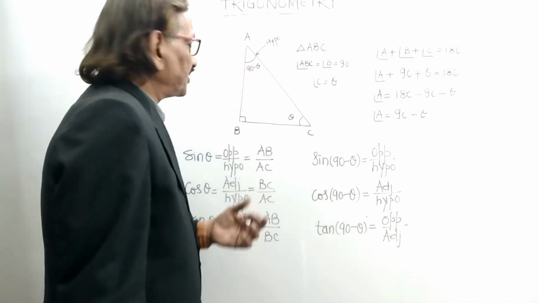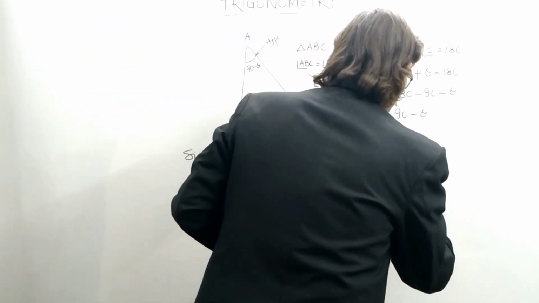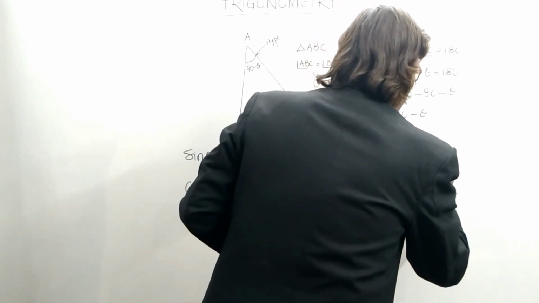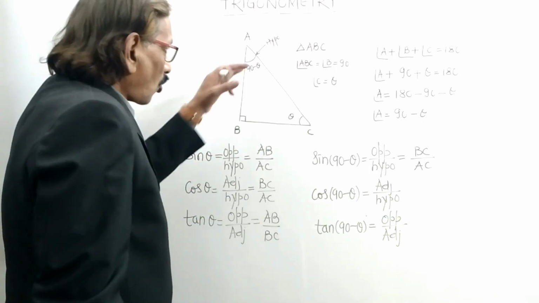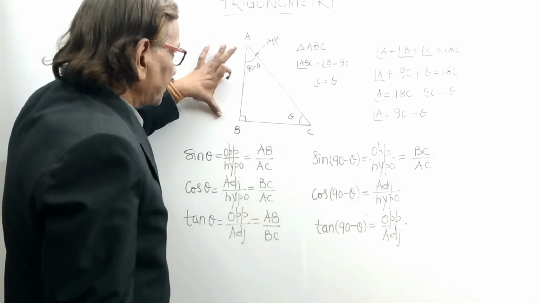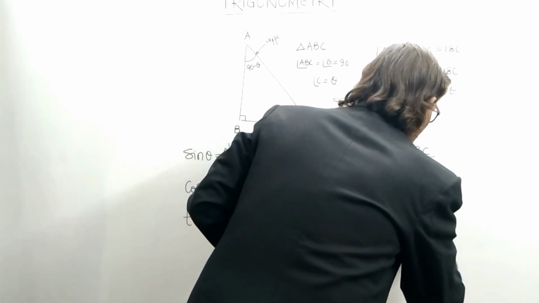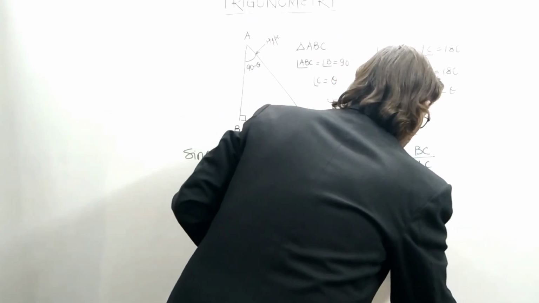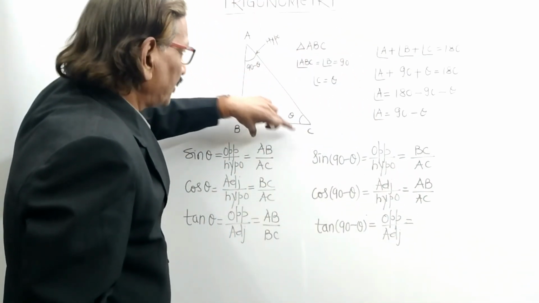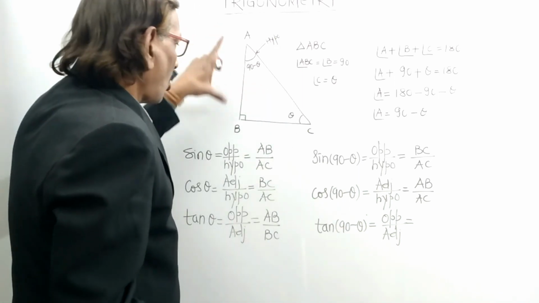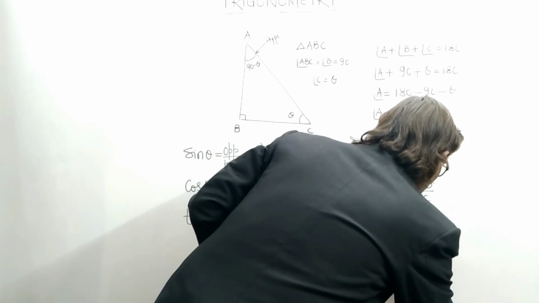Sine of 90 minus theta will be BC upon AC, opposite upon hypotenuse. Cos of 90 minus theta will be adjacent, that is AB upon AC. And then tan of 90 minus theta will be BC, opposite upon adjacent, BC on AB.